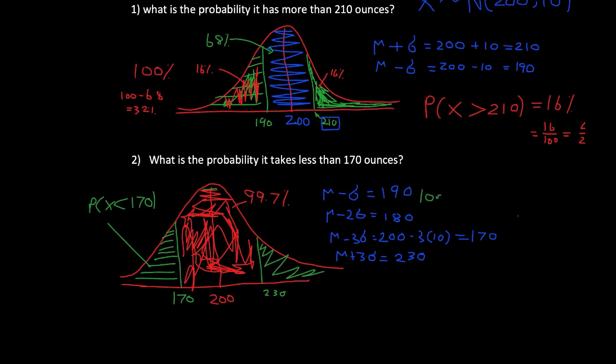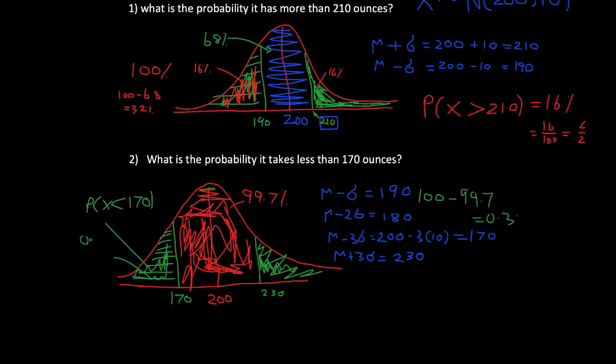Therefore, we can find the green colored areas: 100 minus 99.7 equals 0.3. So one side of the area is 0.3 divided by 2, which is 0.15.